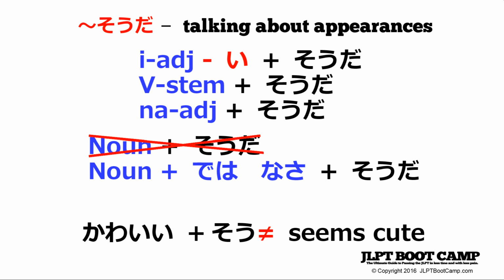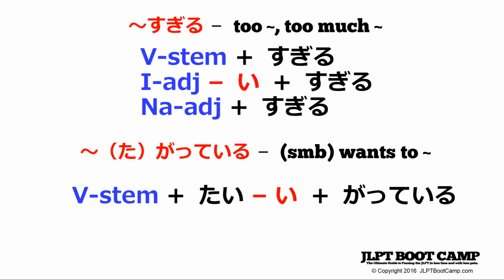You pity that person. And then with sugiru, you're changing something to mean too much of something. You've done something too much, or you can use that for too much of a particular adjective. Again, you're using the verb stem, i-adjective and na-adjective.